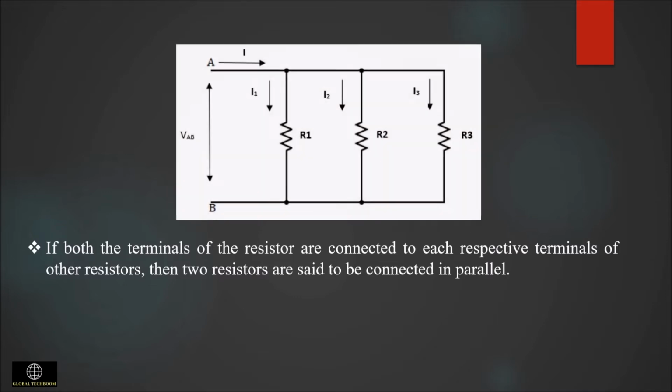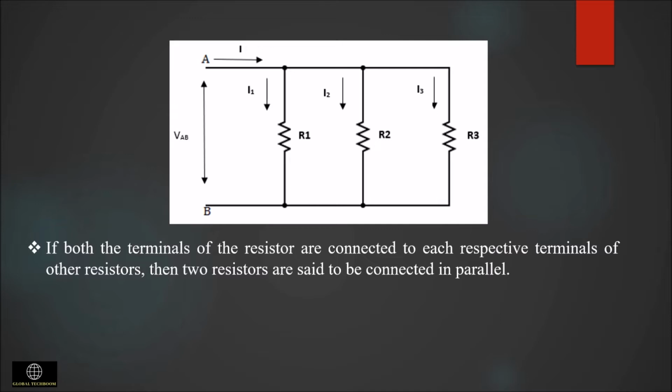The figure shown here has three resistors R1, R2 and R3 which are connected in parallel combination, and a supply potential VAB is supplied between the points A and B. Since the resistors are connected in parallel, the potential difference across each resistor is same as the supply.